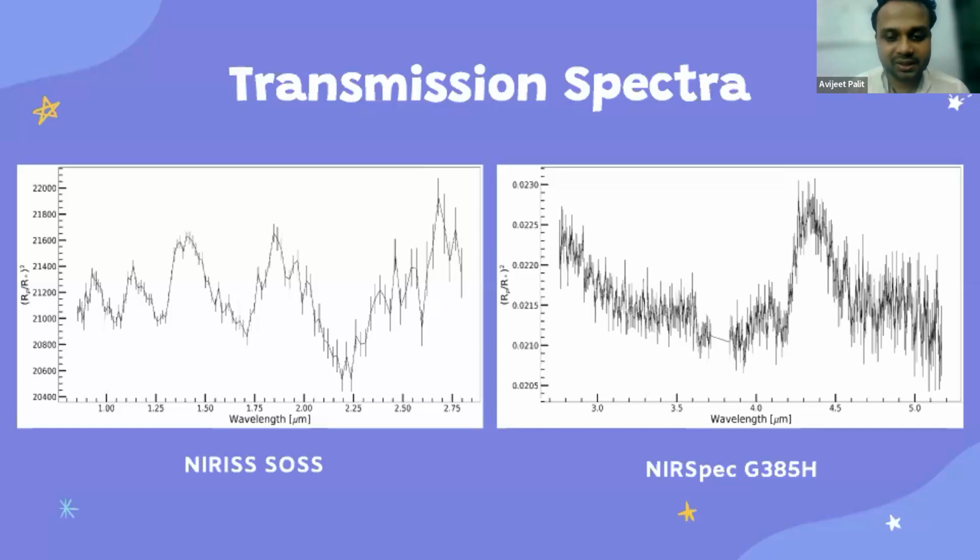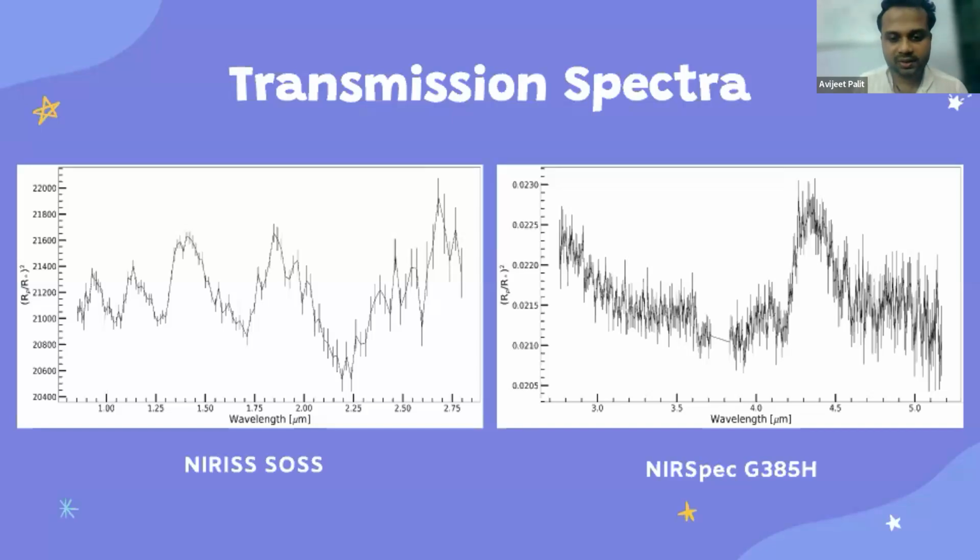Basically, a transmission spectrum refers to the graphical representation of the amount of light or electromagnetic radiation that passes through a sample, which could be a planet in our case, as a function of its wavelength or frequency. In exoplanet exploration, it is a technique in which a telescope is used to study starlight passing through an exoplanet's atmosphere, revealing its composition and other parameters.